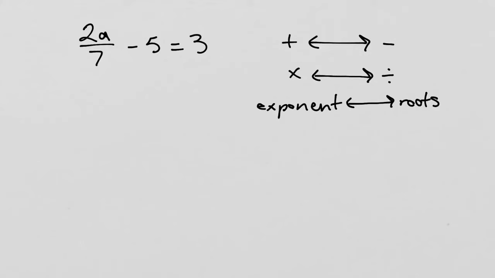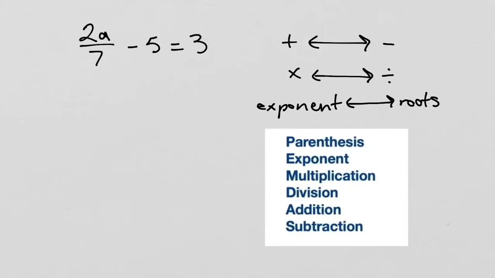So here is our order of operation. So using the reversal of the order of operation, we will see that we have to do the minus 5 first. Then we will do the division by 7 next. And finally, the times 2.